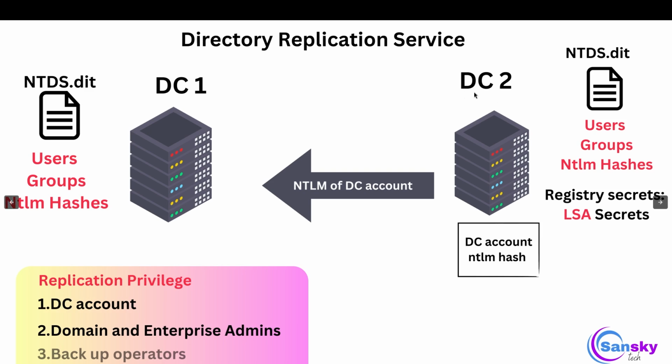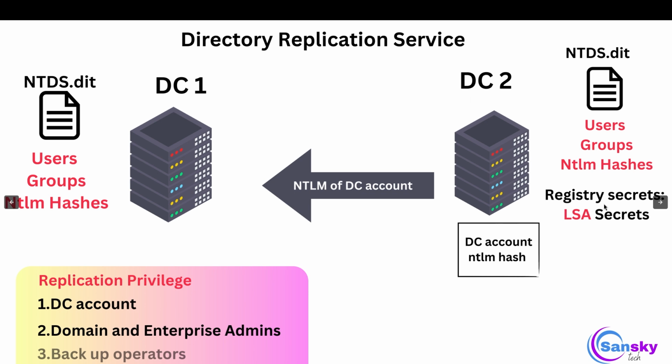In order to perform this authentication process, DC2 needs ntds.dit, this database that has all of the NTLM hashes of the users, so that it can authenticate the users and do its job. But it's not the only thing it needs. ntds.dit is just a part of the information that DC2 requires.